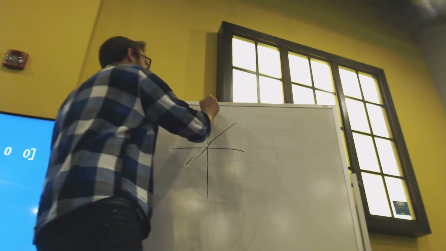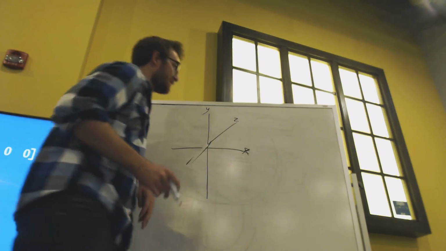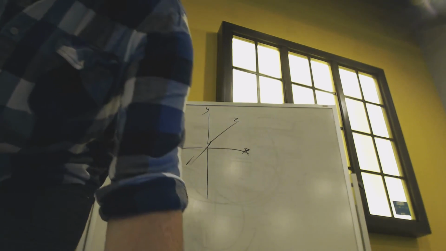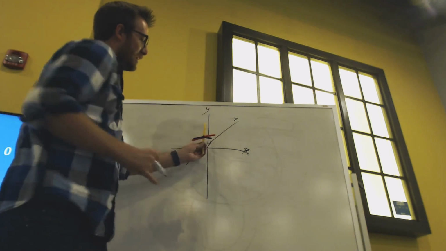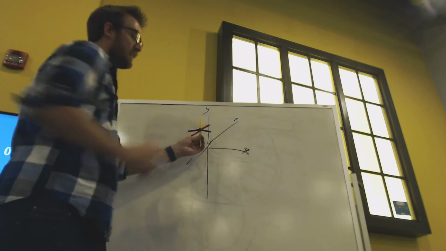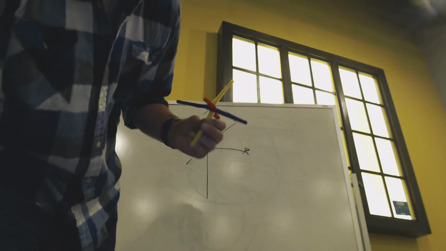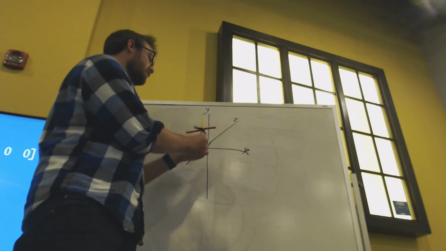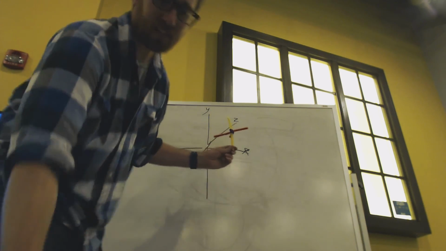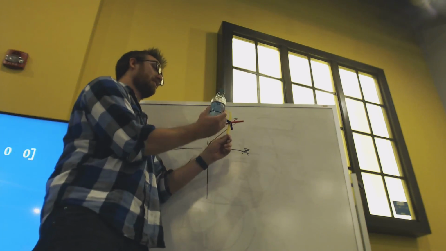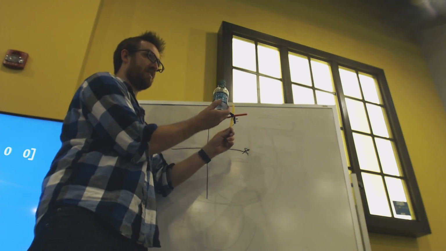axes. So we've got y, x, and z, which is the same thing here. We've got red, x, blue, z, yellow, y. And when we talk about rotating for Euler angles, we're talking about rotating around this axis. So if we take the example of the bottle and rotate around the yellow y-axis, we're rotating it around like that.